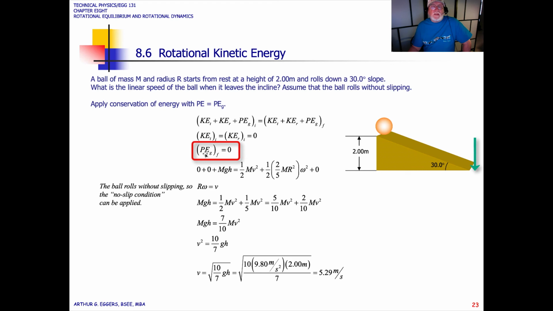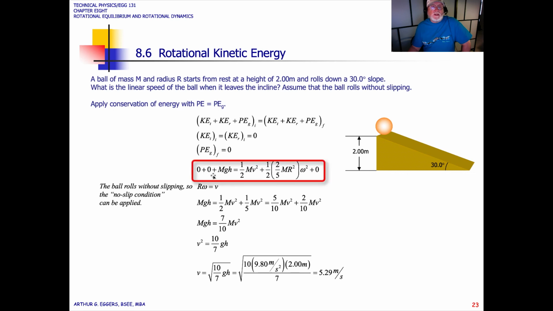The other side, at the finish line, the potential energy gravity, once we know it has expended all of its energy moving through that 2 meters of height, once it hits the bottom, the final potential energy of gravity is equal to 0. So we've simplified the terms. We've taken lots of them out. We've taken 1, 2, 3 of the terms out.